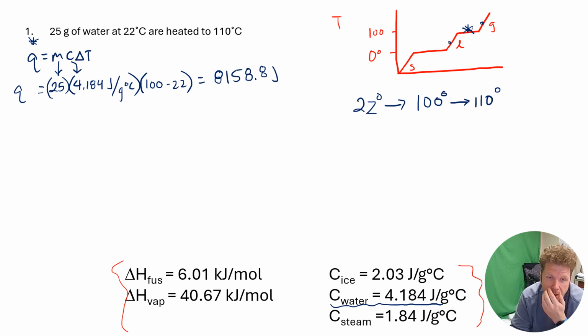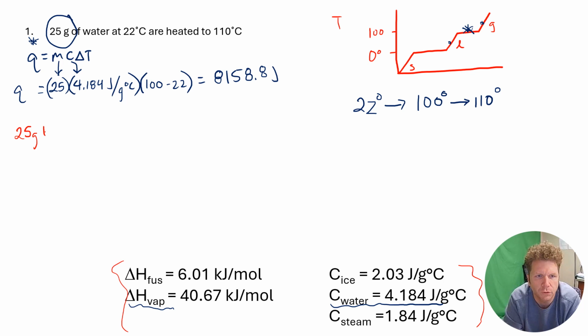Now what I need to do next is that enthalpy stoichiometry. I'm not watching a temperature change, but instead I need to think about the delta H of vaporization. To get something to transition from a liquid to a gas, how much energy is associated with that? This is another place where I'm going to take into consideration the mass of my water, 25 grams. I'm going to change color for this calculation. I take 25 grams of H2O and convert that into moles.